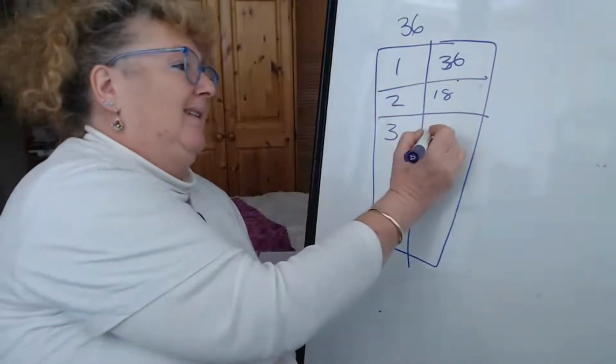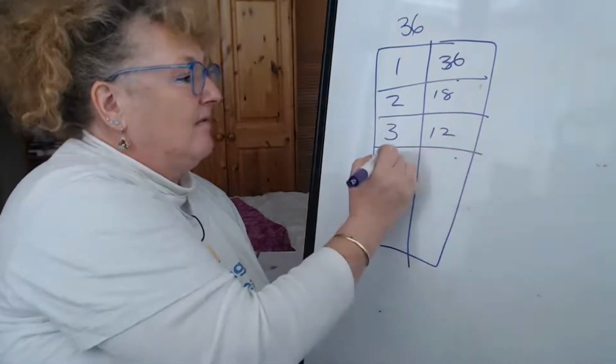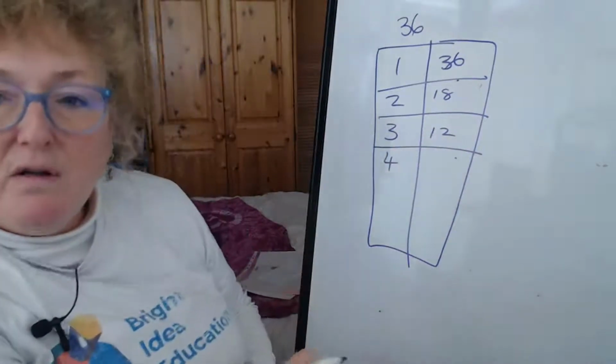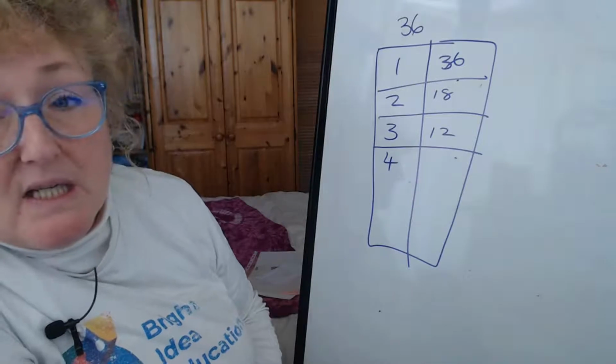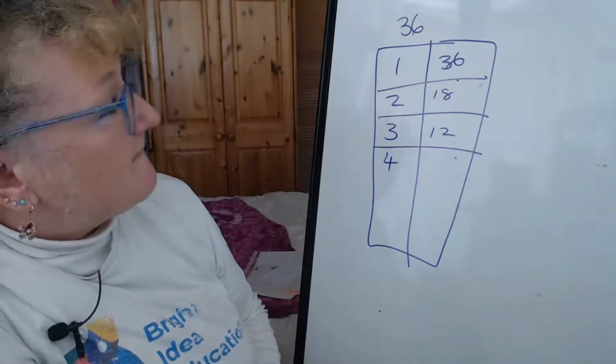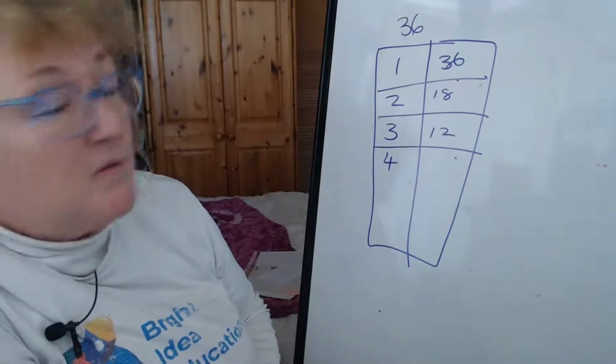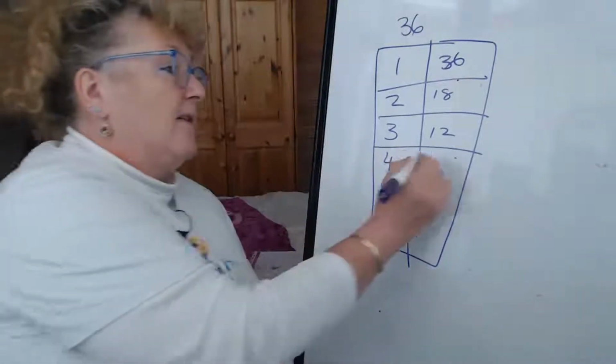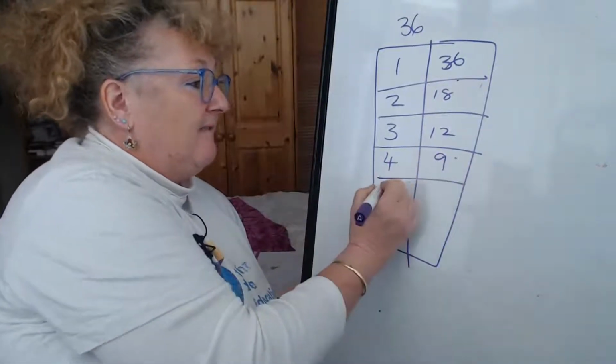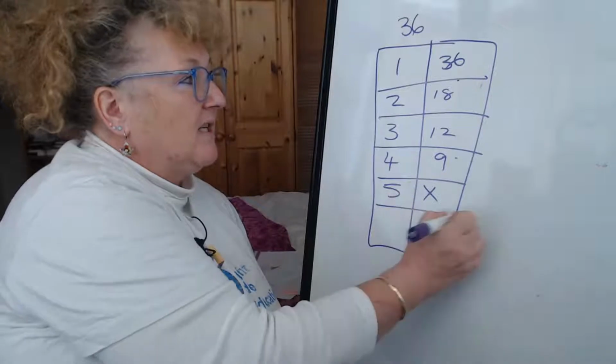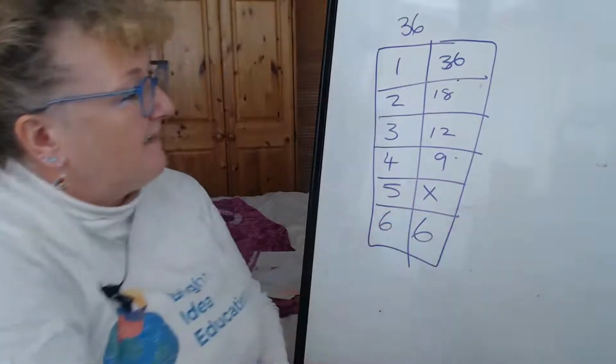Should do. 3 and 12, 4 and 9. 8 4s are 32, 9 4s are 36. 5, no it does not. 6 times 6.